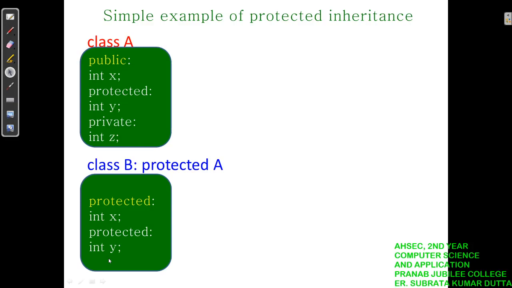If it is private, we cannot inherit that member. Protected will remain protected, but the public will also become protected. So it depends upon the visibility mode. Since the visibility mode is protected, public will also become protected, protected will remain protected, but the private member will never be inherited.